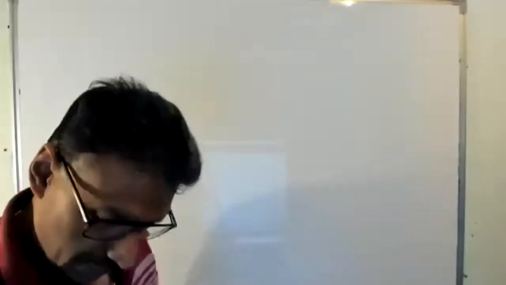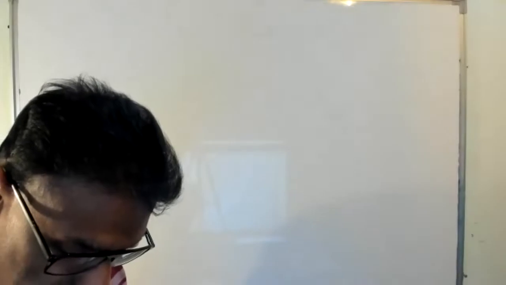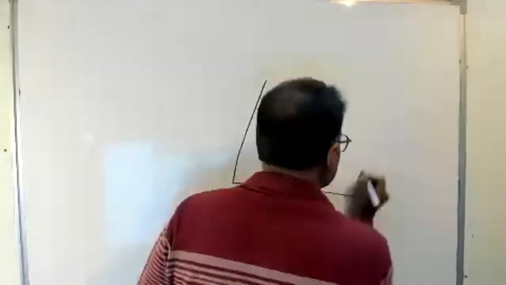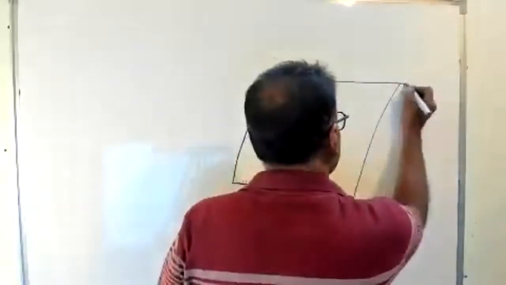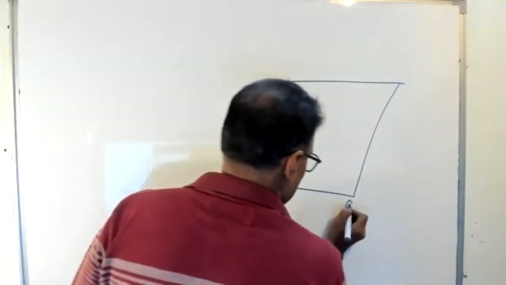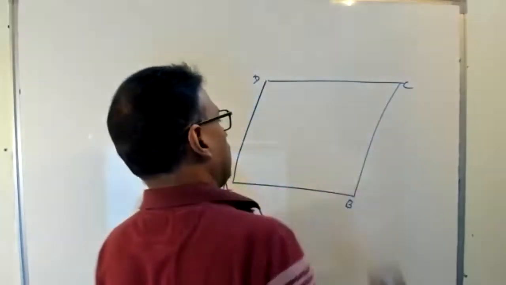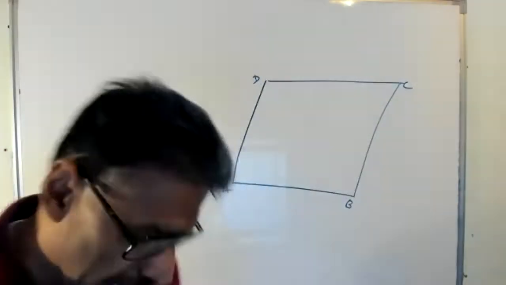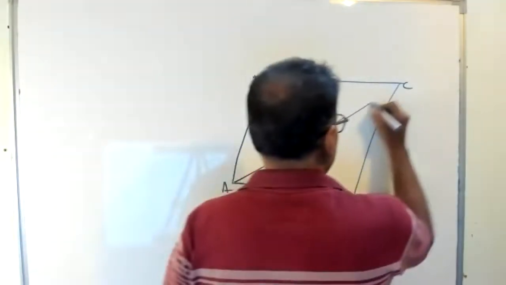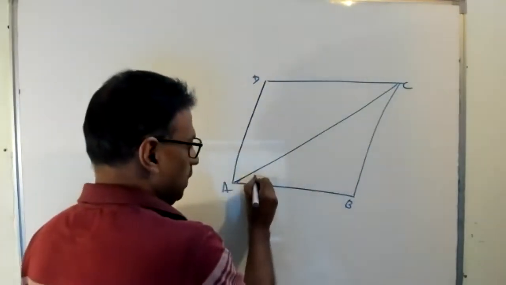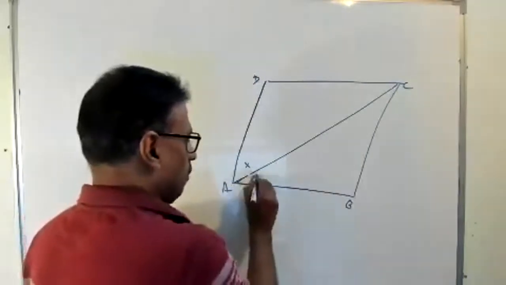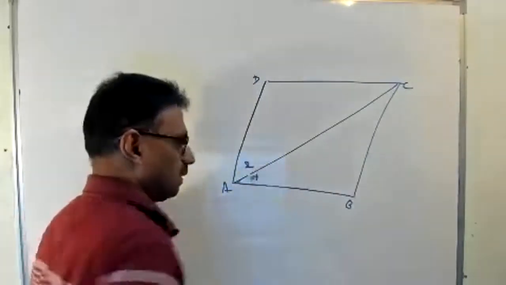What is the question? Diagonal AC of a parallelogram ABCD bisects angle A. Bisect angle A, so that means x here, x here, or you can say 1, 1, 2 like that.